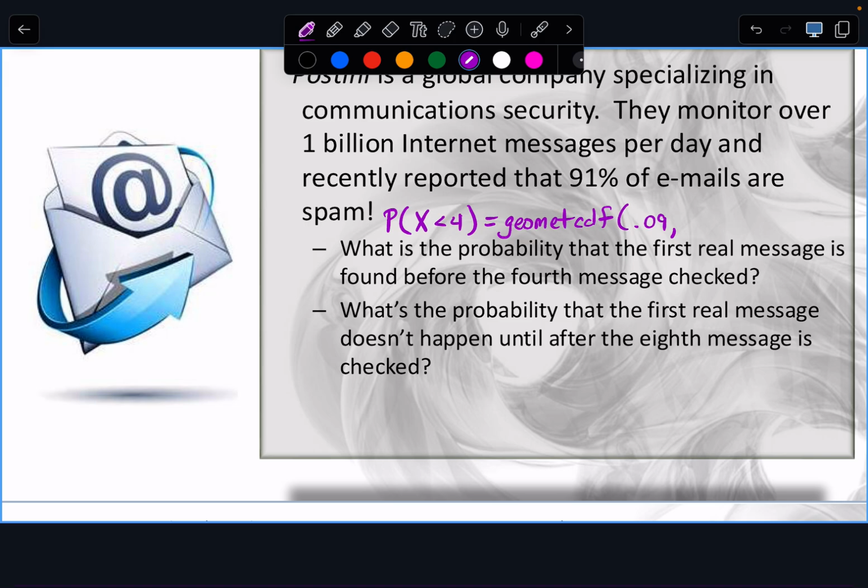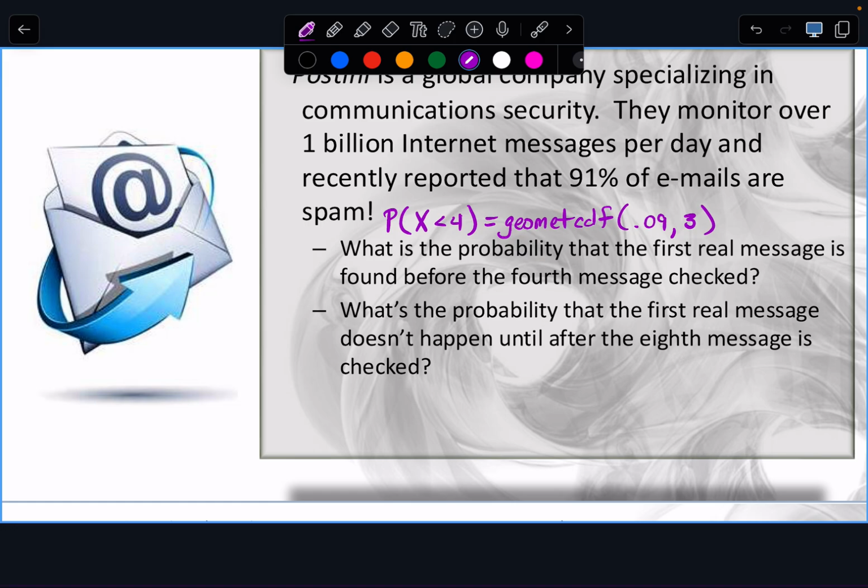You've got to think a little bit. We want the probability that X is less than 4. The calculator is going to calculate up until the point we tell it to stop. So if I want X to be less than 4, where do I need the calculator to stop at? 3. So again, the number might match the X value. It might not, depending on what we're looking for here. So GeoMet CDF, 0.09, stop it at 3.